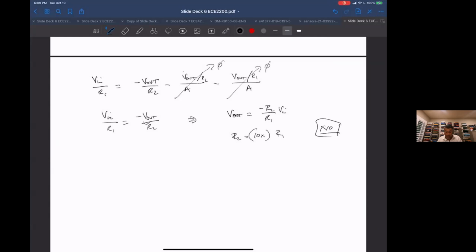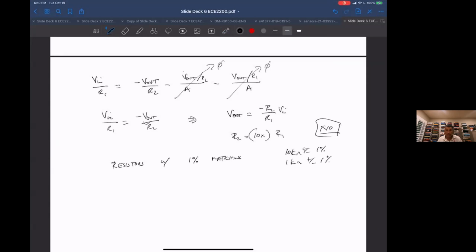Okay, so now let's see, why is this reproducible? Well, it's pretty cheap and easy to buy resistors with 1% matching. You can buy 10K ohm resistors that are plus minus 1%, and 1K ohm resistors that are plus minus 1% all day long.